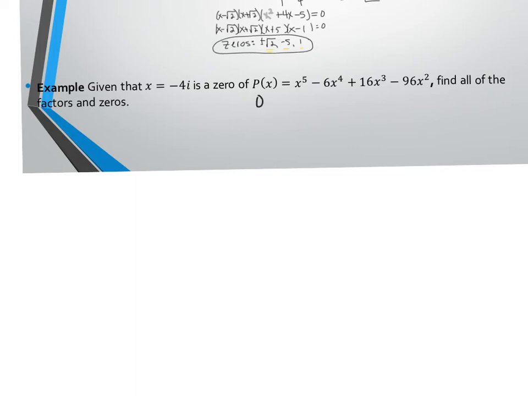So if we do 0, we'll have 1, negative 6, 16, negative 96. We have x to the first, which is 0, and we have our constant, which is 0.